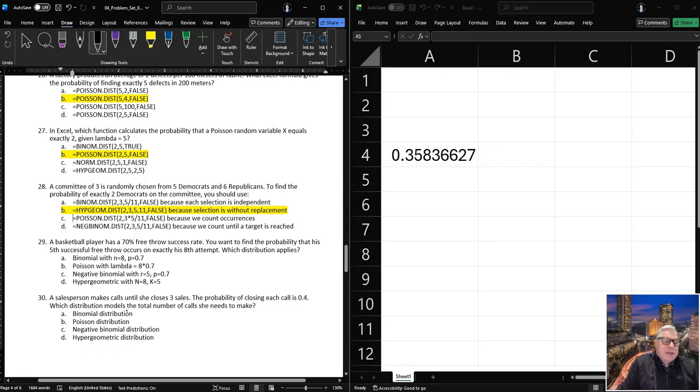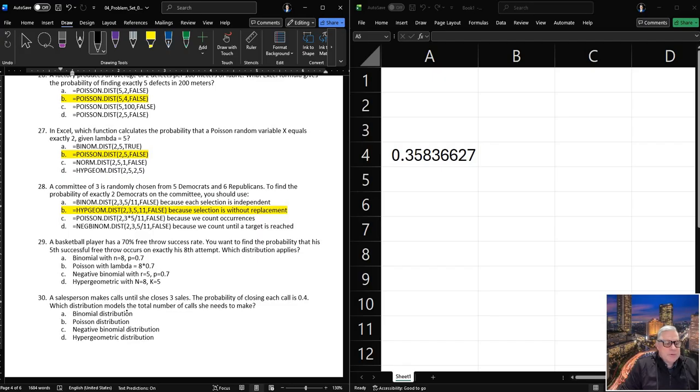A basketball player has a 70% free throw success rate. You want to find the probability that his 5th successful free throw occurs on exactly his 8th attempt. So that means we want to know the probability that he hits exactly on the 8th attempt the 5th time.